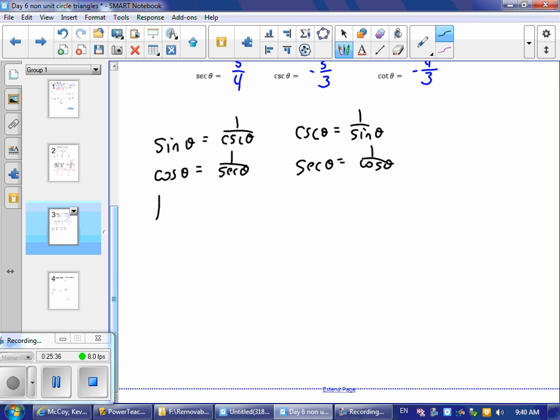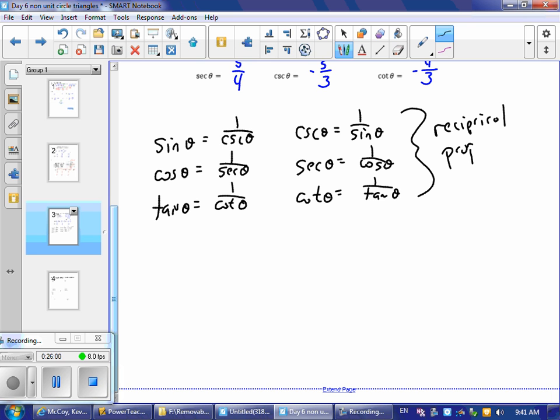And then the last one, tangent, is the reciprocal of cotangent, and cotangent is the reciprocal of tangent. So that's really what are called the reciprocal properties for trig functions.